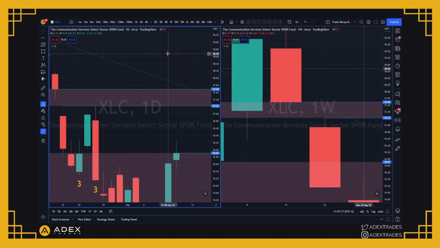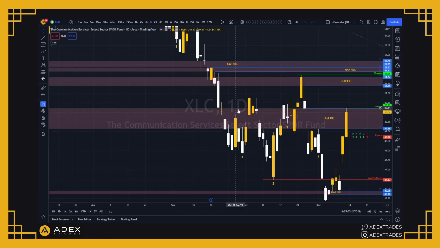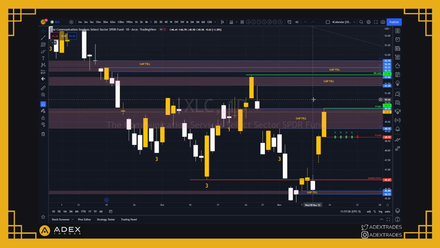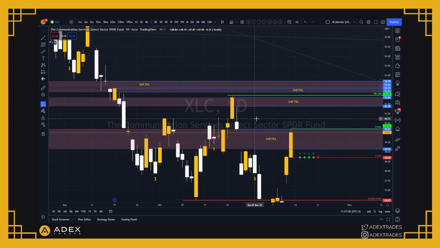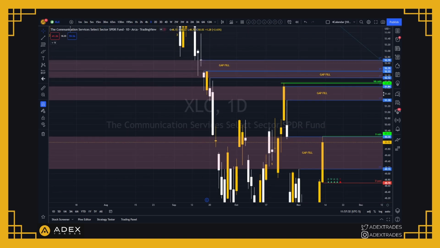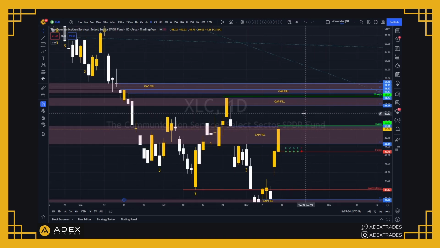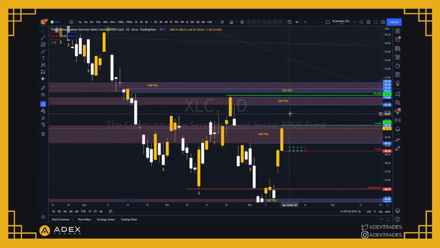A lot of you probably weren't listening to me, or you probably already logged off at 1 p.m. market close yesterday, but I was just showing why I love my gap fill targets.